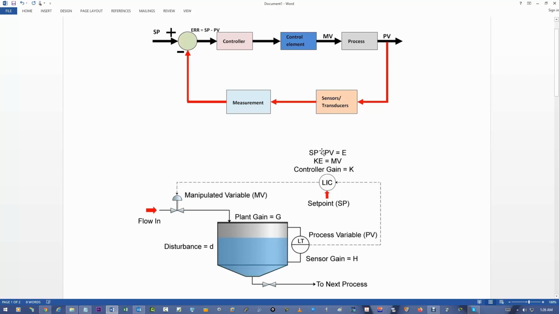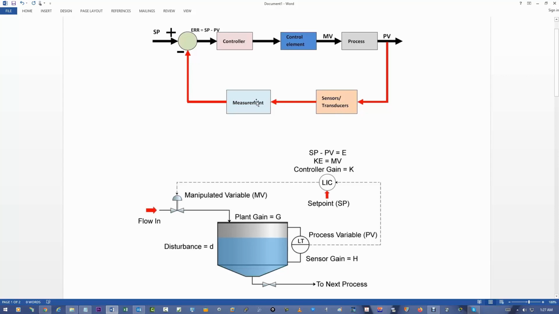So we take our set point minus our process variable, and we have an error, and this error is proportional to the level. Say you had a set point of 5 feet, and you're at 2 feet, that gives you an error of 3 feet. So we just take the gain of the controller times the error, and that equals the manipulated variable.